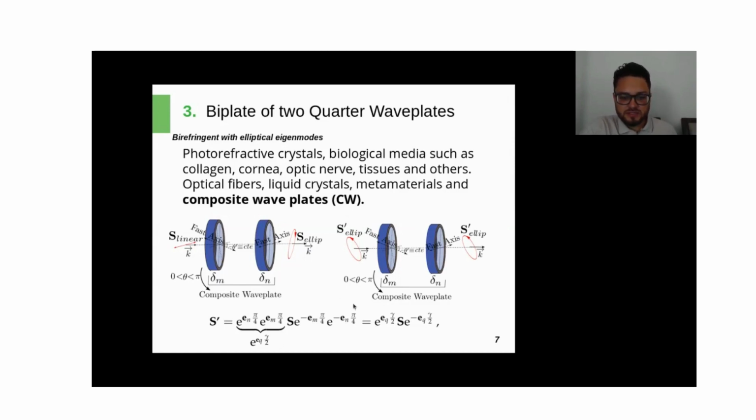This is the mathematics that we are going to resolve. We take two quarter wave plates with linear eigenstates, and this composition, or product, in the quaternion algebra approach gives a single elliptic birefringence with eigenmodes and retardation analytically described.